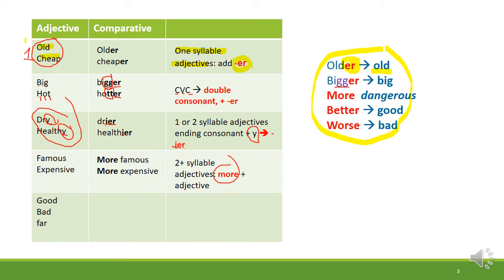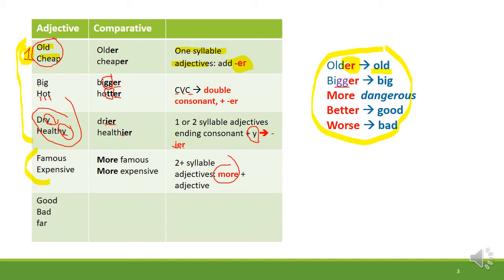Here we have short adjectives, one syllable. For example, old, cheap, big. Here we have long adjectives. For example, famous. So when you have short adjectives, you add er.